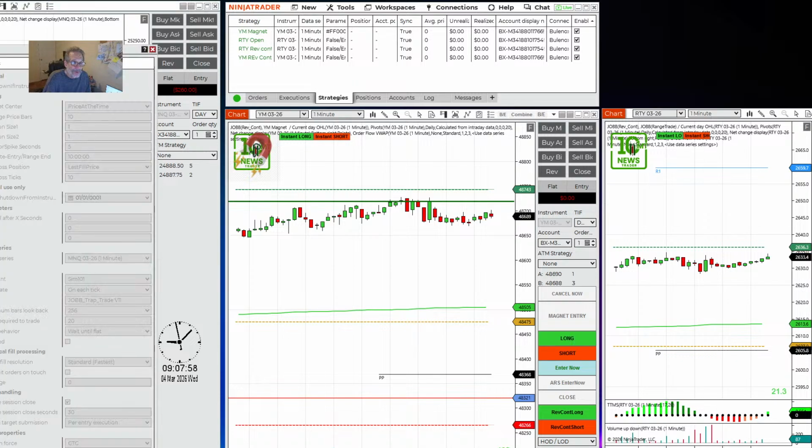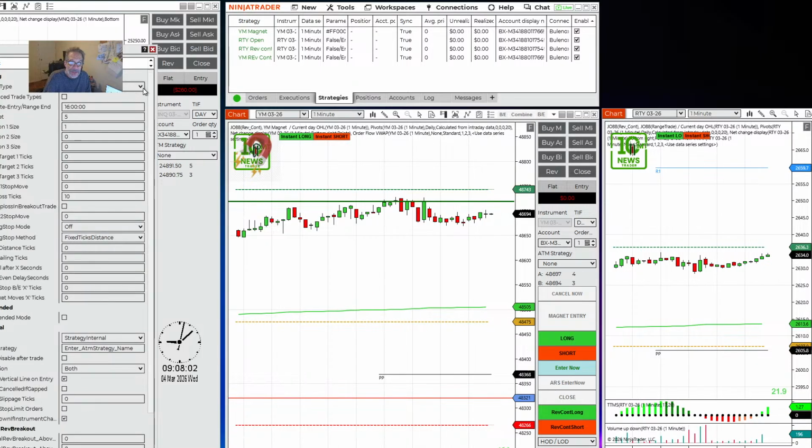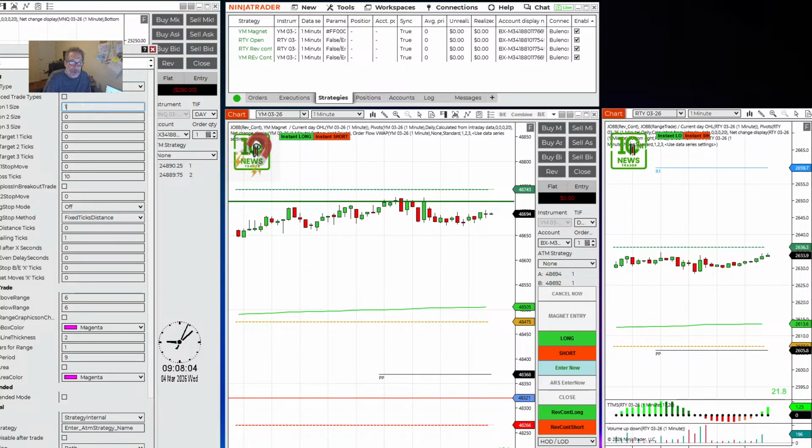Let's put on our reverse continue. Change the breakout. Put a couple of contracts. We usually do a 40 or 50 target and a 40 or a 75 stop. Micros. It's 50 cents a tick.